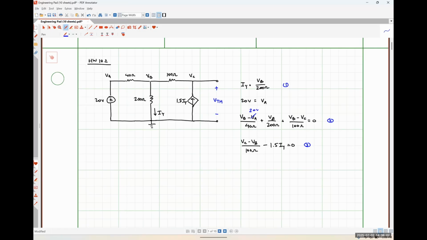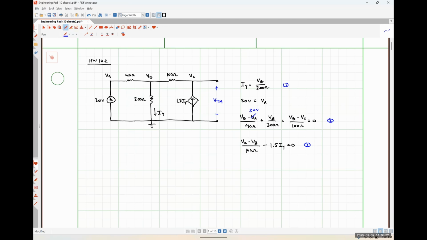In my first equation, my coefficient for VB is 1 over 200. My coefficient for VC is 0. My coefficient for IY is -1 when I move it to the other side of the equal sign, and my constant term is 0.